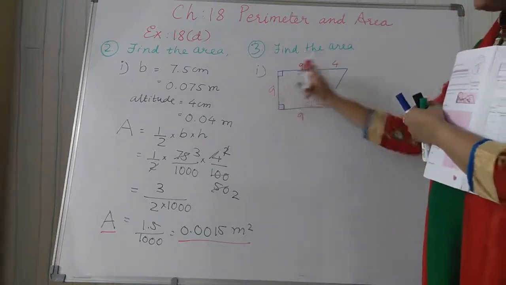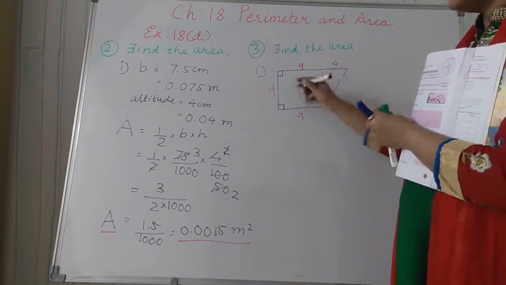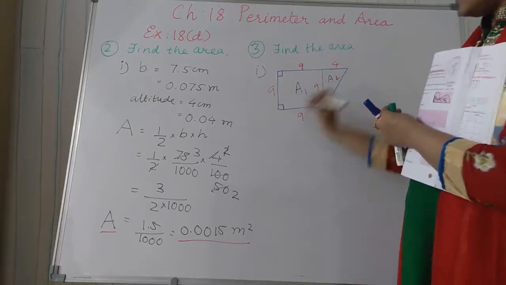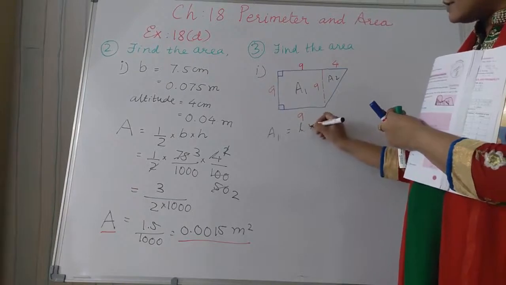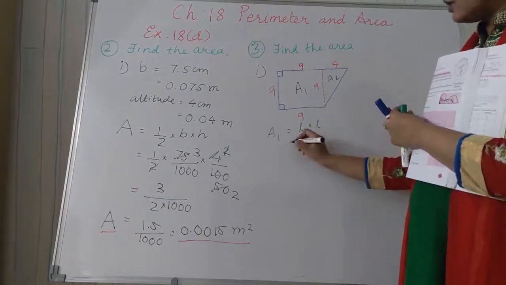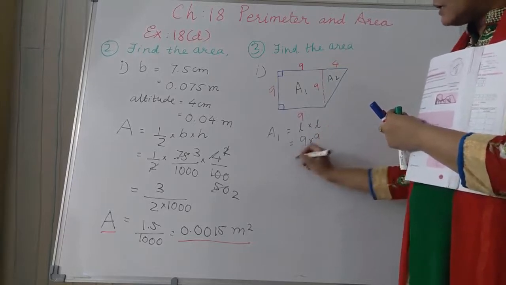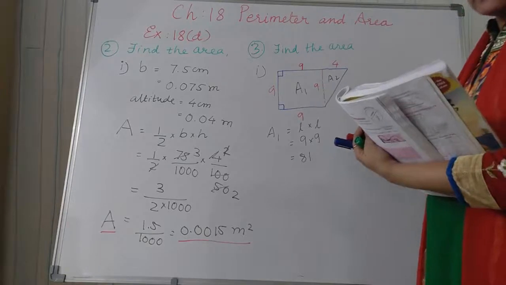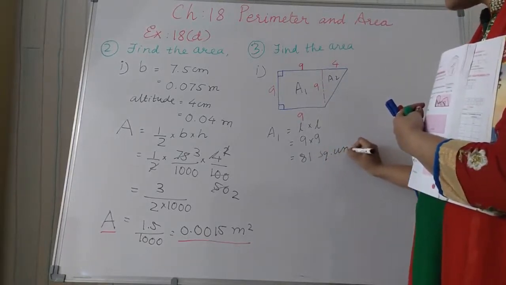First of all, using these two shapes, let the first be A1 and this be A2. So A1 is the square shape, so its area is length multiplied by length, or you can write L square. So 9 multiplied by 9 is 81. Centimeter or meter, nothing is given, so we write square units only.